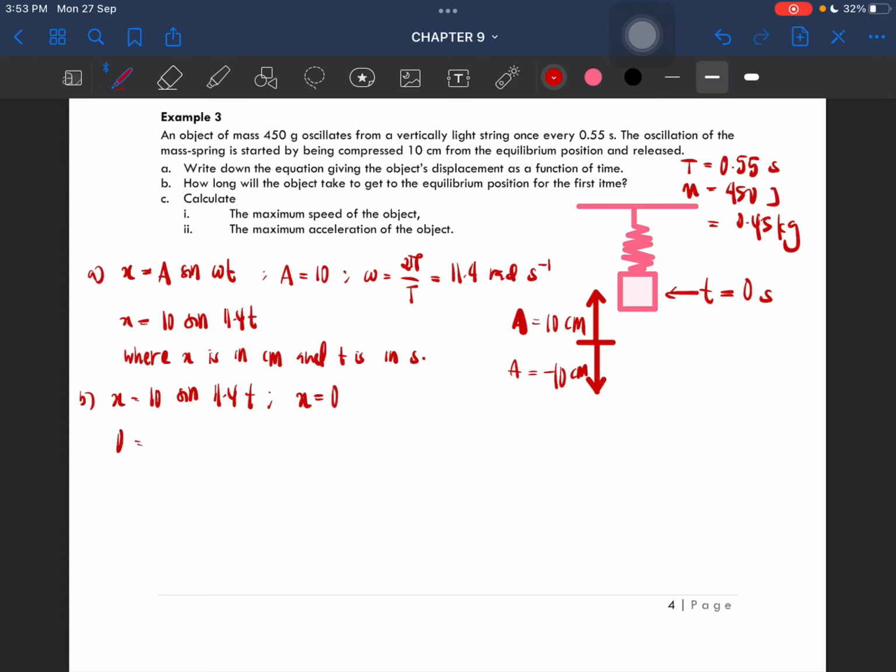So 0 equals 10 sine 11.4 t. 0 divided by 10 is 0, so you get shift sine 0. So 11.4 t, which will give you the time to be equal to, let me calculate, shift sine 0 divided by 11.4, which is equal to 0 seconds.